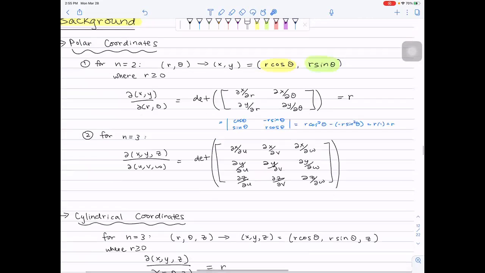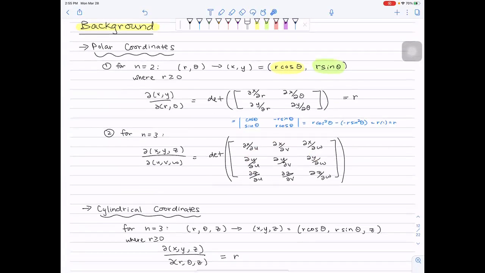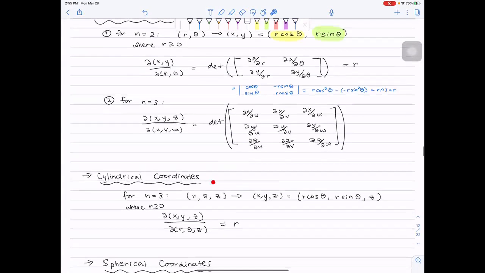Okay, and you could do this for a 3x3 matrix too, but this is the general one we use for polar coordinates. In cylindrical coordinates, if you computed the determinant of the Jacobian matrix, you'll also see that you get r, because remember when we were doing the volume, we also added another r here.